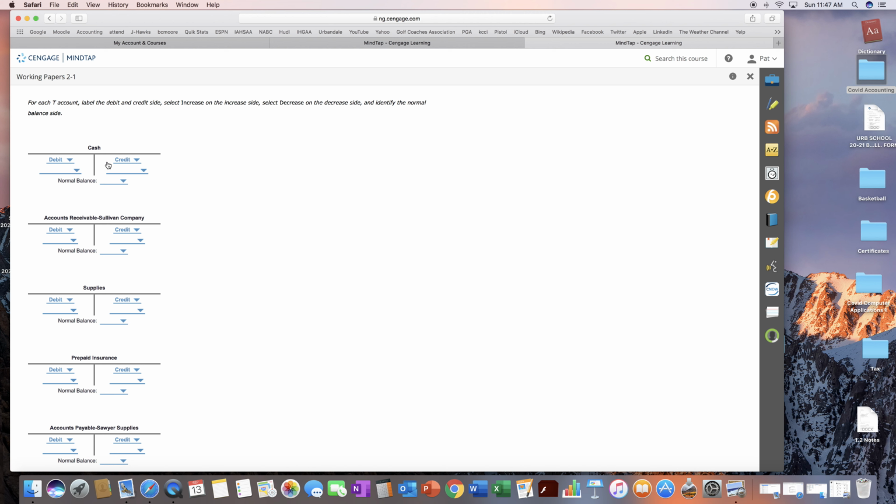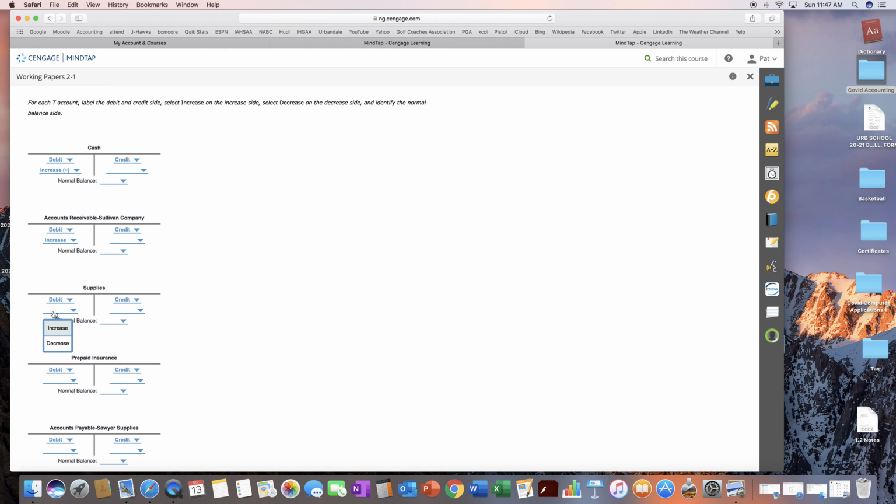All right, so cash, accounts receivable, supplies, and prepaid insurance. These first four are called assets. Remember, there's something of value. And how do you increase an asset? We have decided you will increase it with a debit. So if you receive cash, you will debit it because you will increase it. If you sold services on account, you will increase it, meaning that Sullivan Company will owe us money.